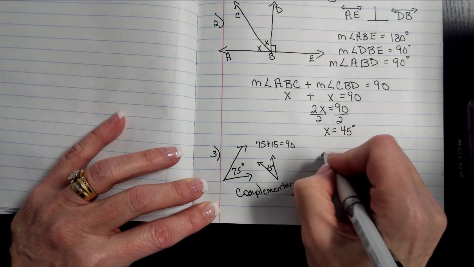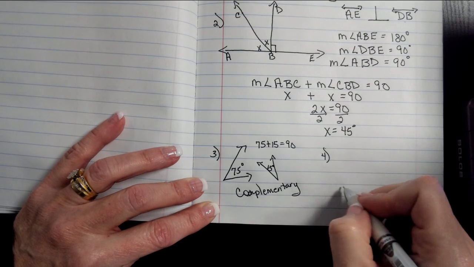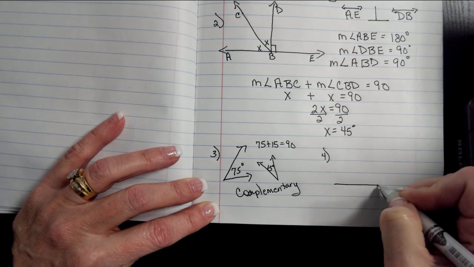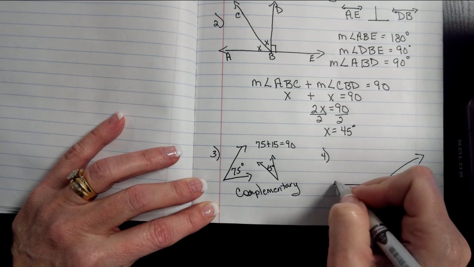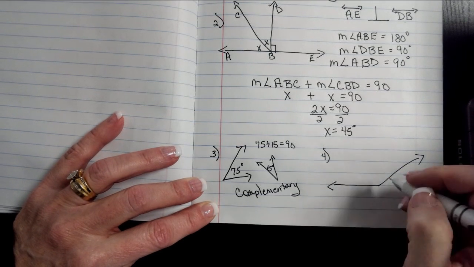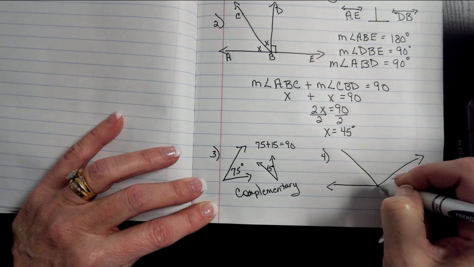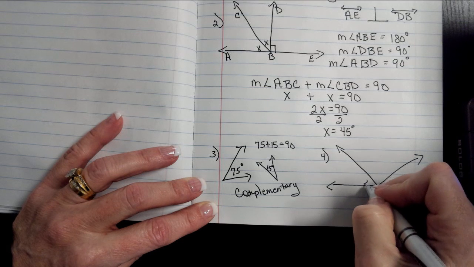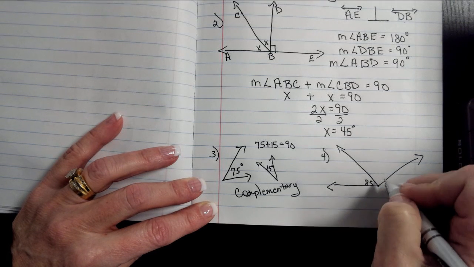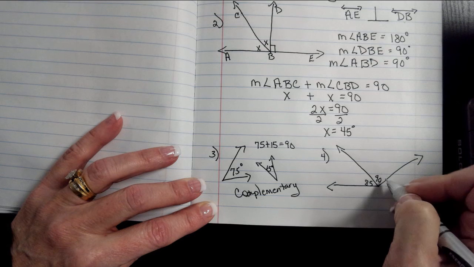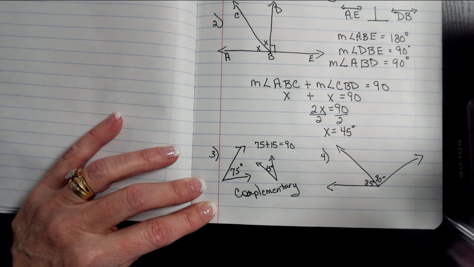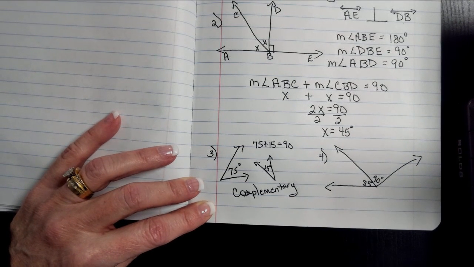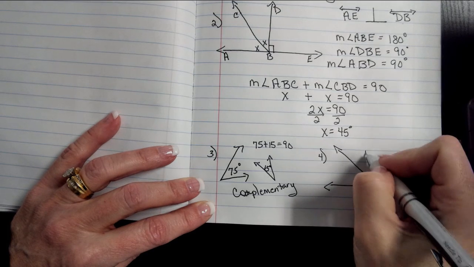What about, let's say we got 85 and we got 90, and that's not really a 90, but we'll pretend. Is that going to be complementary, supplementary, or neither? Neither. Because is it going to equal 180?